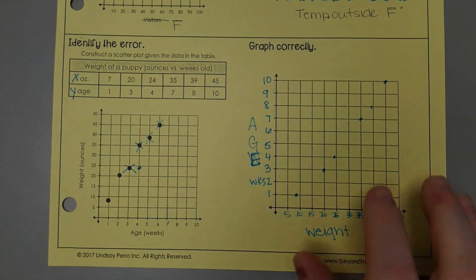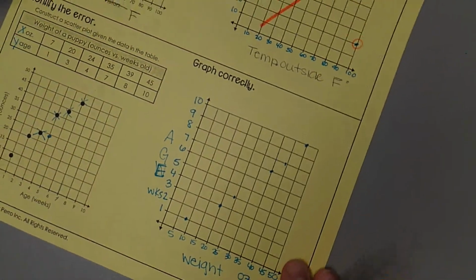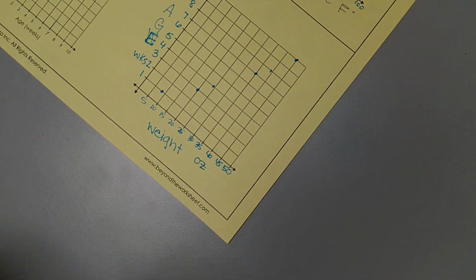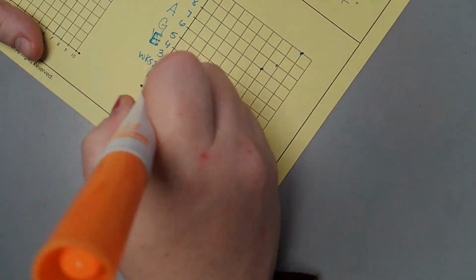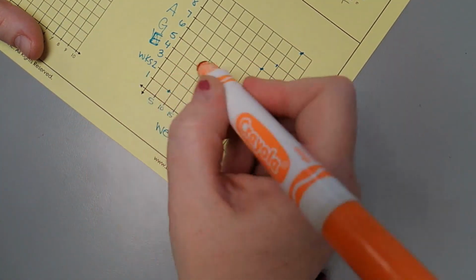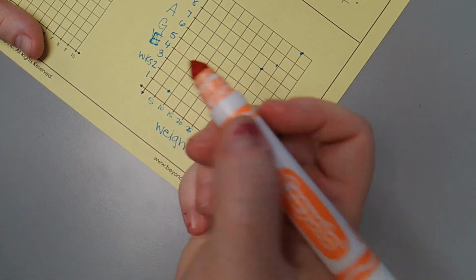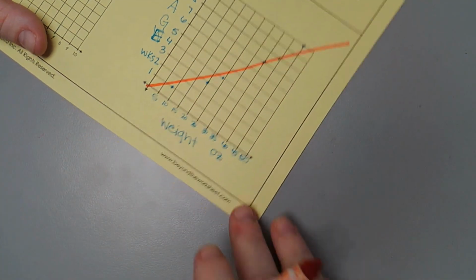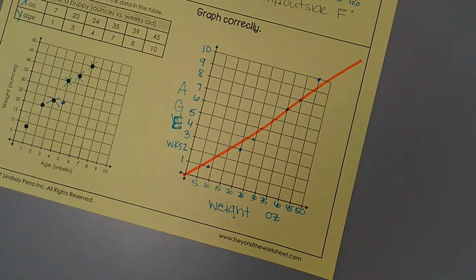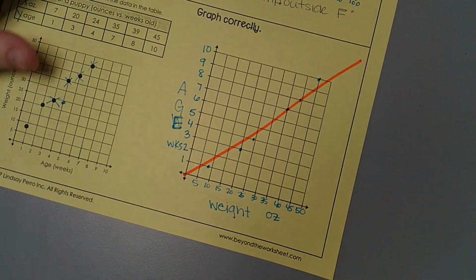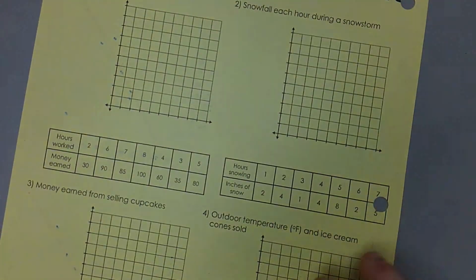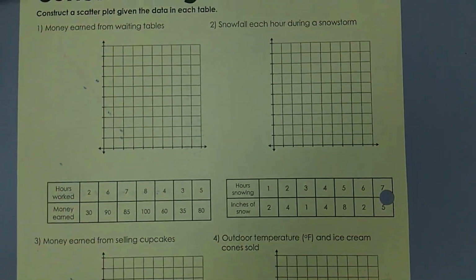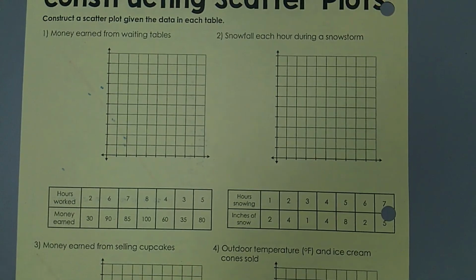So that's even, I'm going to turn my paper just so I can draw my trending line. So obviously 0 would be 0. So I'm just going to go right through here. Kind of crooked, but it's okay. On the back, all we're doing is we are just plotting them with our labels.